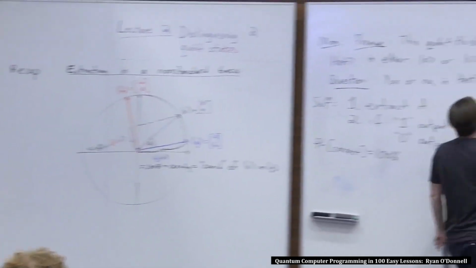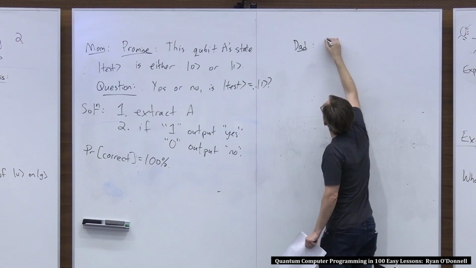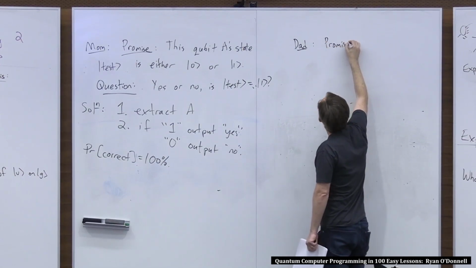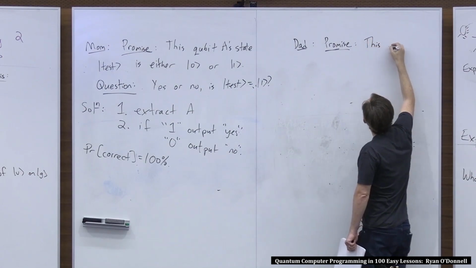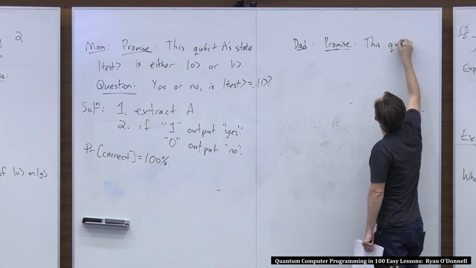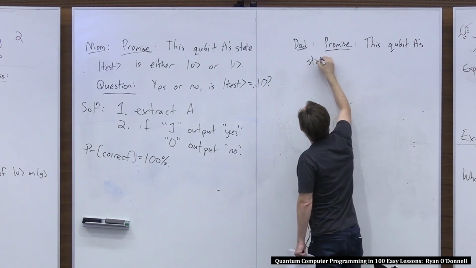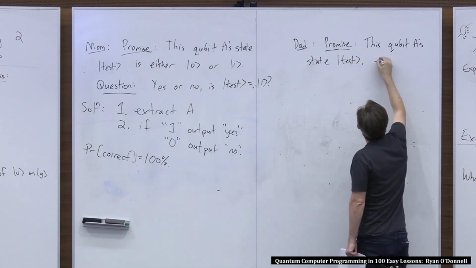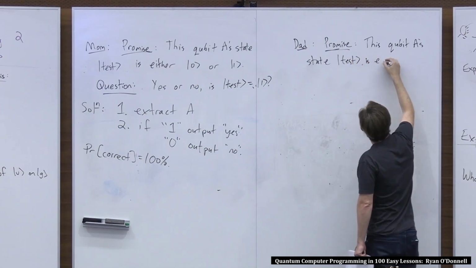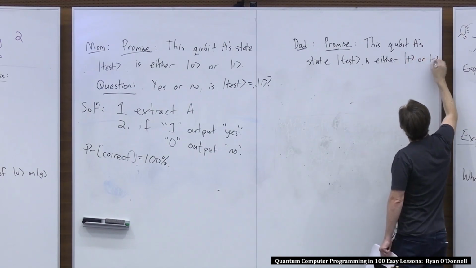So let's make it a little bit more interesting. Now your darling and trustworthy dad comes to you with a similar test. Your dad gives you a qubit test, and it's either ket plus or ket minus.